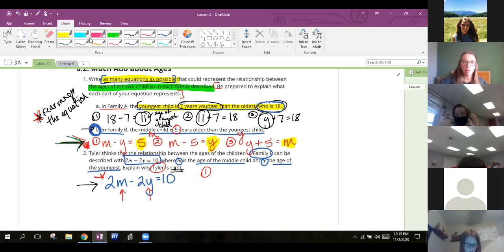Okay, so up here in mine, I didn't use 2, 2, or 10. We didn't have any coefficients, and I used 5. So what did Tyler do to his equation? You doubled it. He doubled the equation. Okay, so look, write this down.